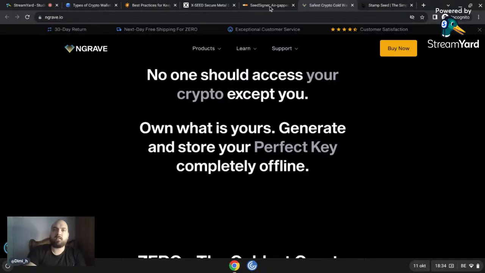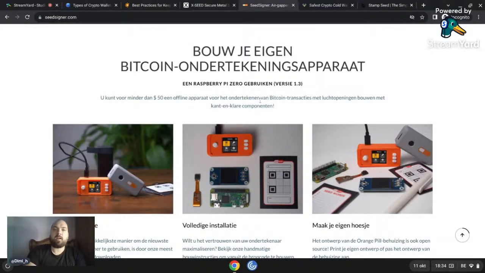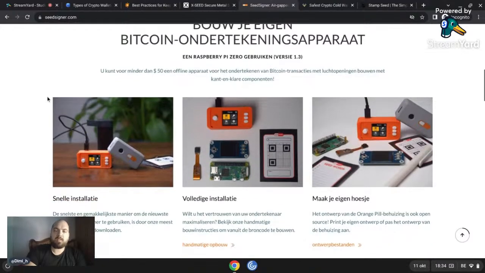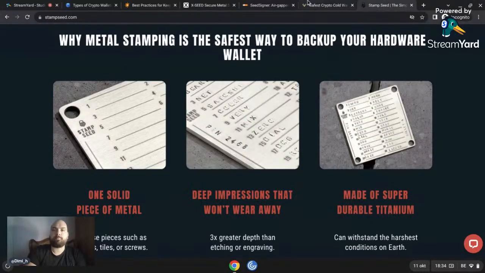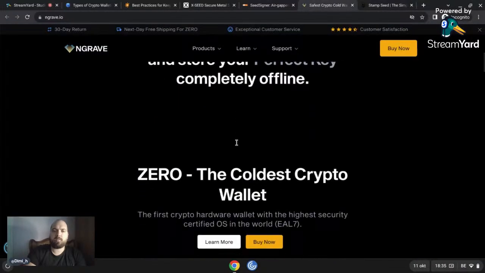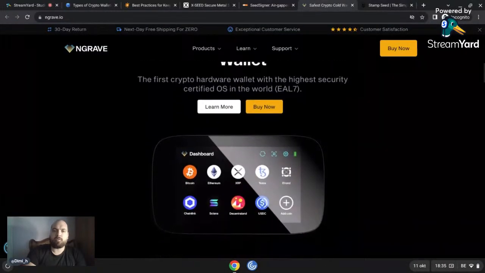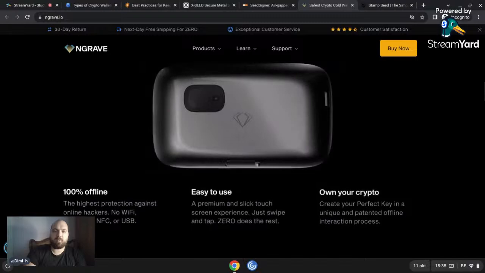Like I said, they are air gapping it. The wallet itself has an inbuilt function like the seed signer, but it entirely happens offline. It has protection against online hackers: no Wi-Fi, Bluetooth, NFC, or USB, so no connection possible to the internet.